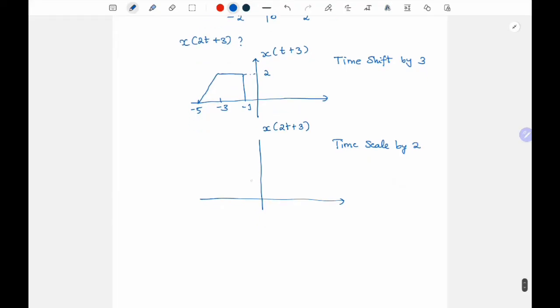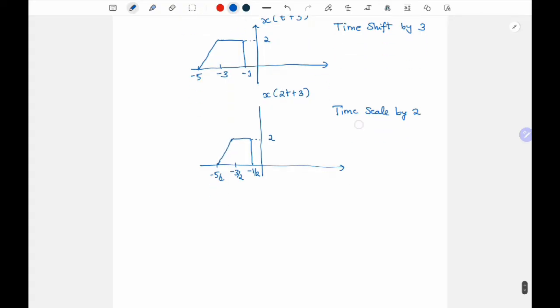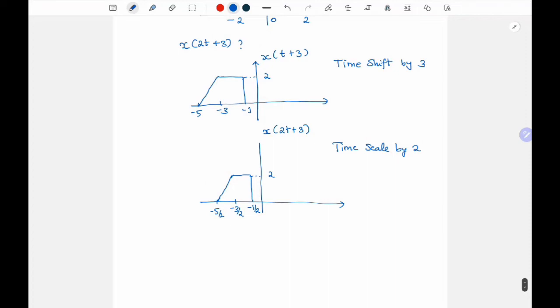So minus 1 will come to minus 1 by 2, right? And minus 3 will be minus 3 by 2. Minus 5 will be minus 5 by 2. So the signal will look like this. Right? So this is x of 2t plus 3.